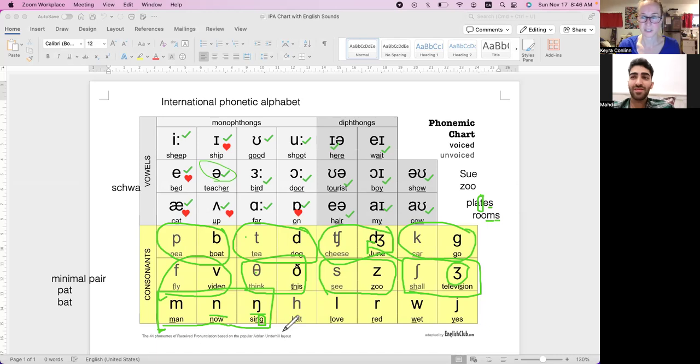The NG actually just makes a sound that has no touch. It's in your throat. Sing, sing a song. Another example, ping pong, the game.